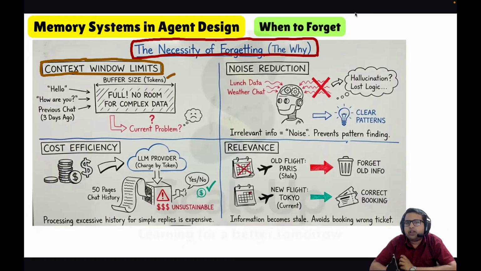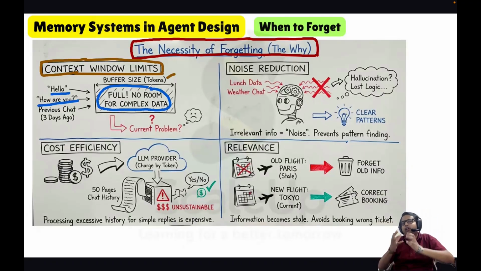If we fill that context window with irrelevant data like hello, how are you, there is no room left for complex data needed to solve the current problem. The buffer size is limited, it can store only a fixed number of tokens.